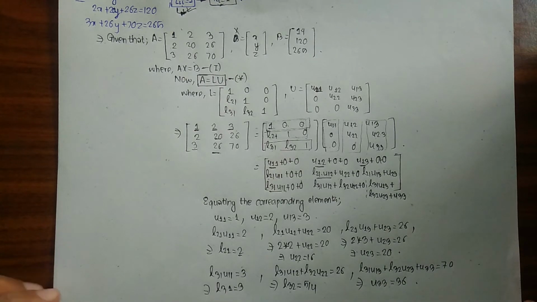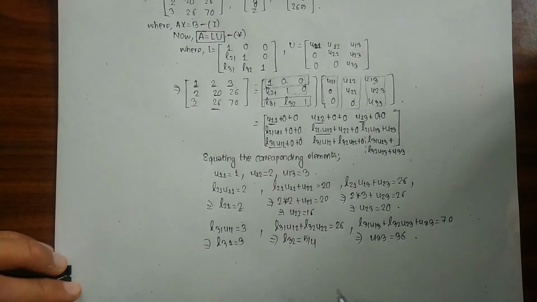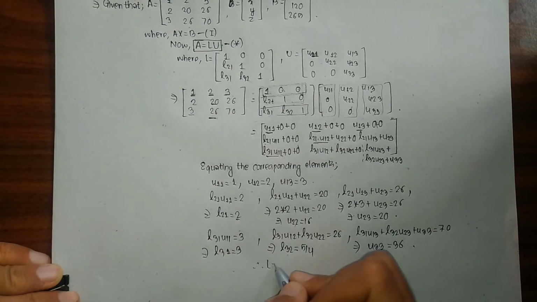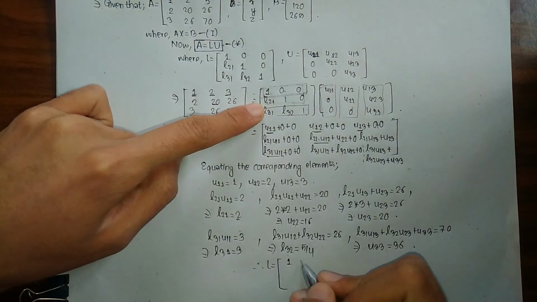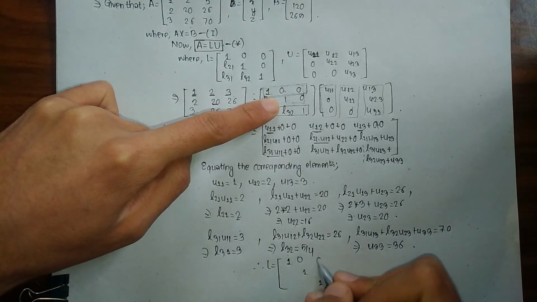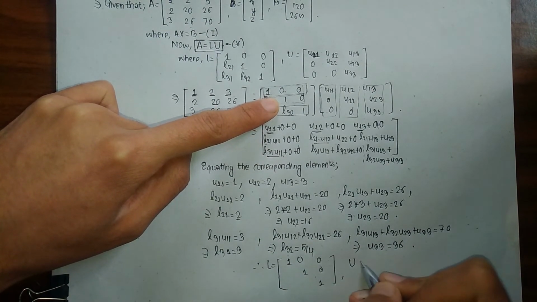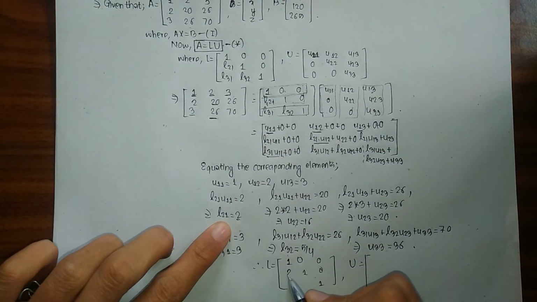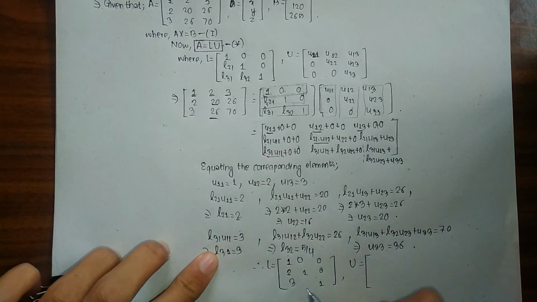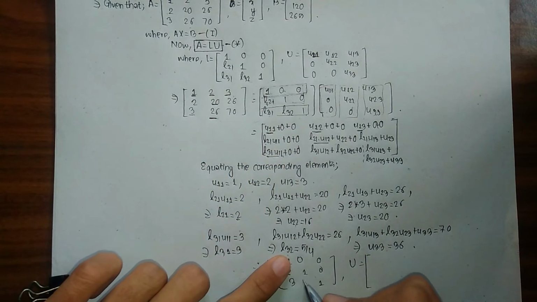So let me write down my final result. Therefore L equals 1 0 0, with L21 is 2, L31 is 3, and L32 is 5 by 4.